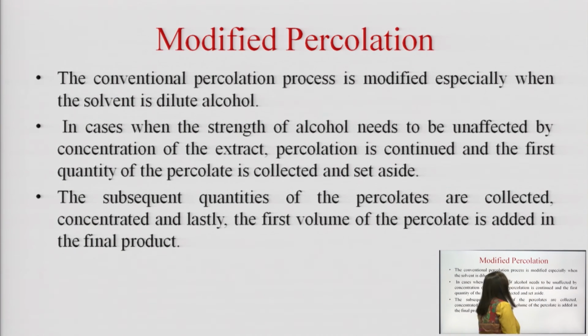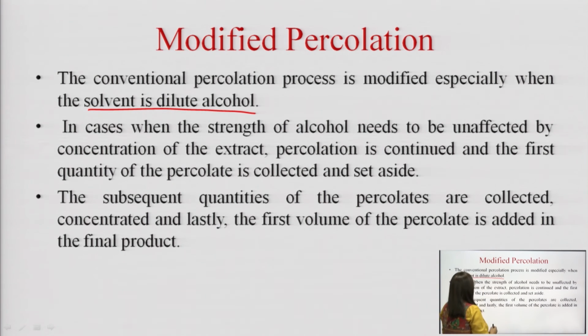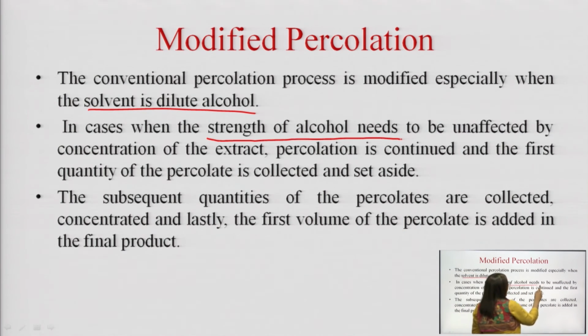Moving to the next, there is also a process termed modified percolation, where the solvent is modified by dilute alcohol especially, and here the strength of the alcohol needs to be such that it does not affect the concentration of the extract.